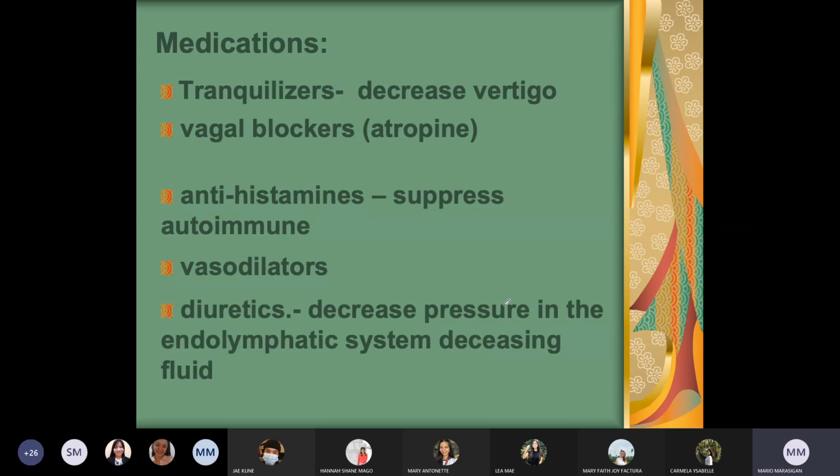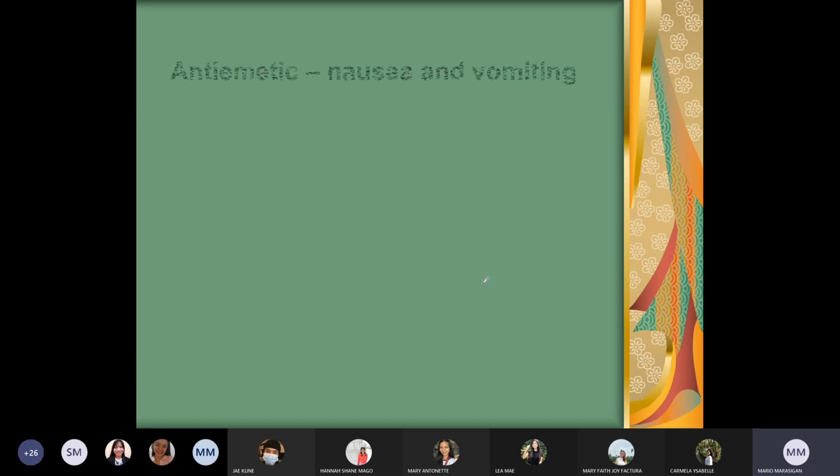Vasodilator, diuretics, but this time we use thiazide diuretics. Okay, so thiazide, mas marami siyang ine-excrete na sodium. Okay. For nausea and vomiting, can give antiemetic.